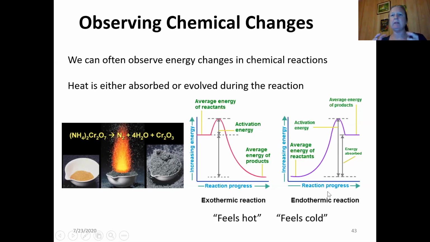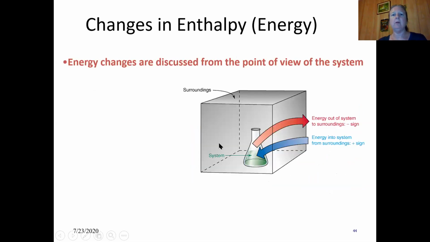Now remember, we have a system and we have a surroundings. The next slide. So remember, we have a surroundings and we have a system. The system is the chemical reaction. So maybe it's a liquid reaction, so it's the liquid. The surroundings is the area around it and also the flask, the walls of the flask.